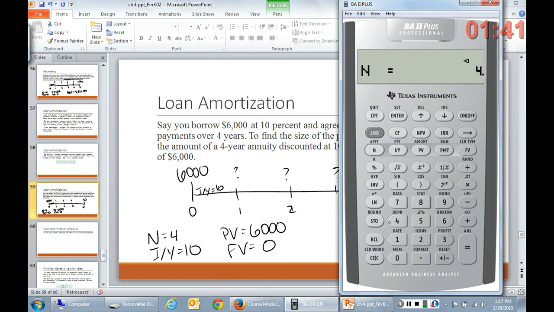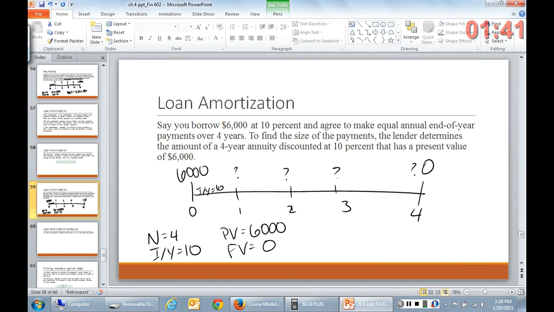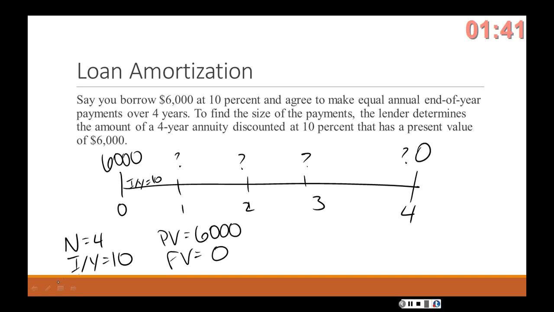N is 4. The interest rate is 10. The present value is $6,000. You've received $6,000, so positive. The future value is 0, and we want to compute our payment. So we have to pay $1,892.82 every year for 4 years to have this repaid in 4 years.